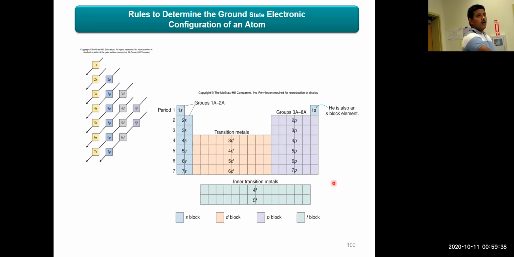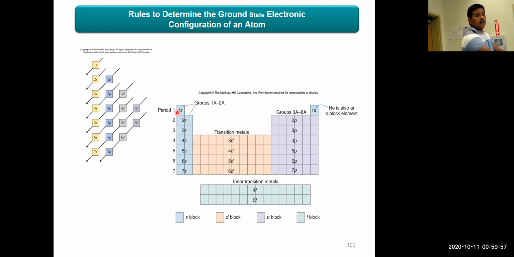This kind of replicates the periodic table. It looks exactly like the periodic table, if you can see it. It has group numbers 1A, 2A for the tall columns and 3A to 8A for the main group elements on the right side as well.